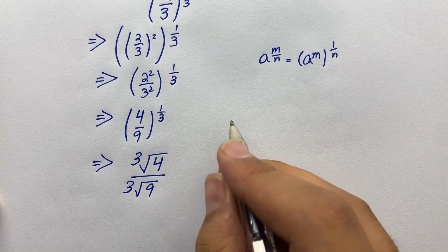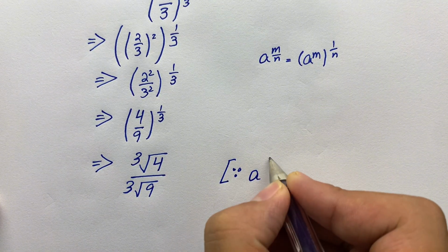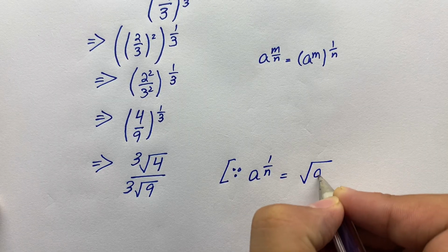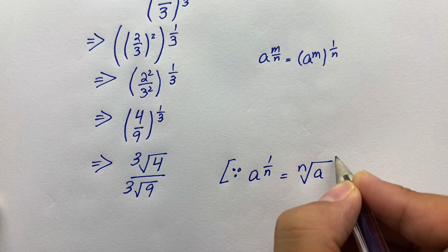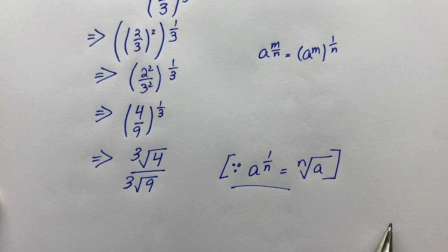So we are using this formula: a to the power 1/n is equal to the nth root of a. We write this according to this formula.